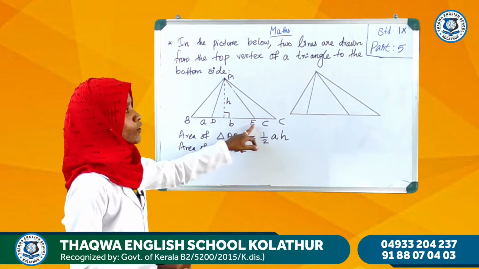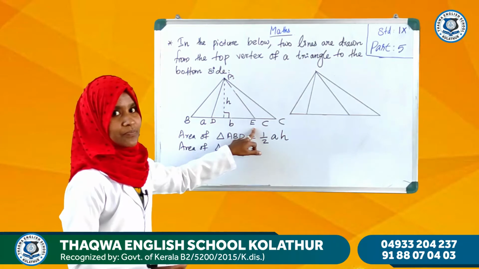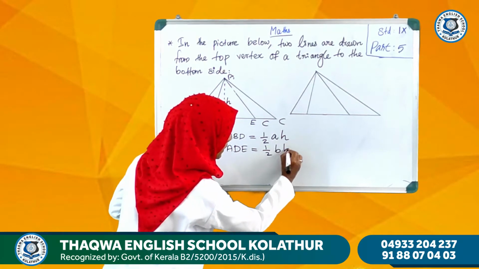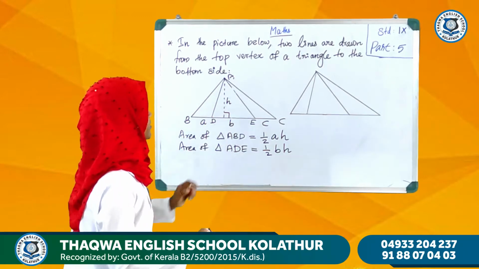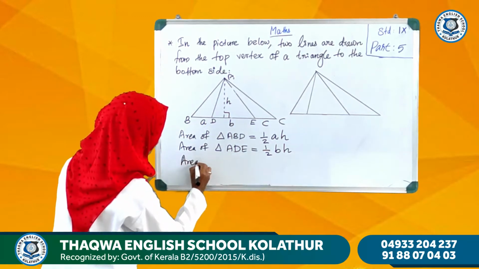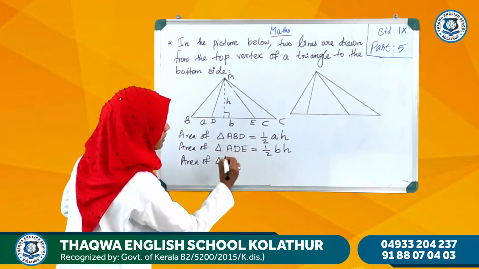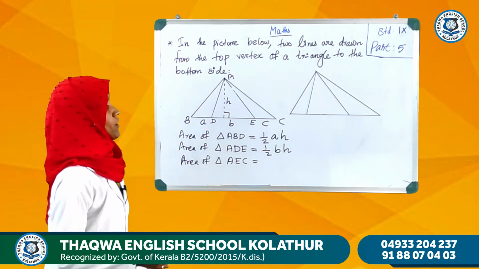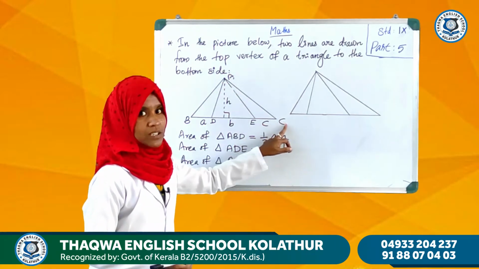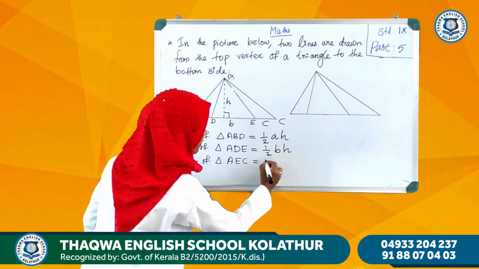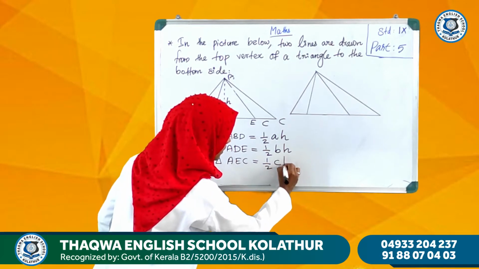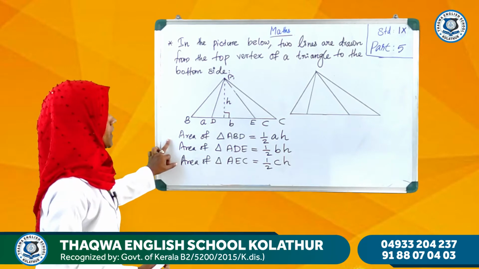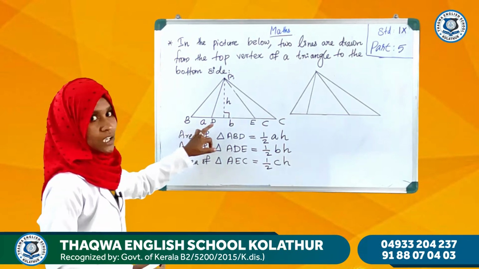Can you say what is the area of triangle ADE? Yes, half BH. Then next, third, area of triangle AEC is half CH. Now we have to find out the ratio of these areas.